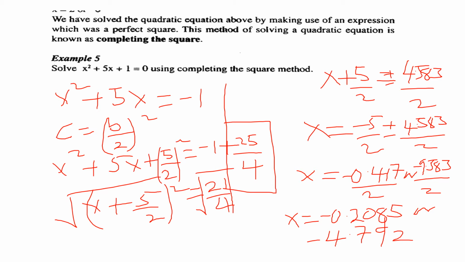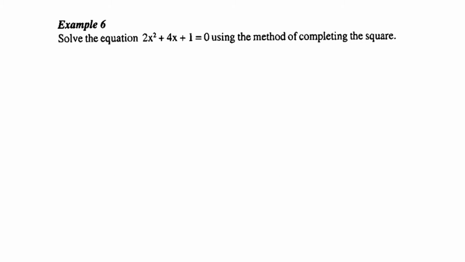So now that we've been doing it when the case of x coefficient being 1, let us have the scenario where the x coefficient is not 1. So in this case, you can see now we solve the equation where the coefficient of x squared is not 1.